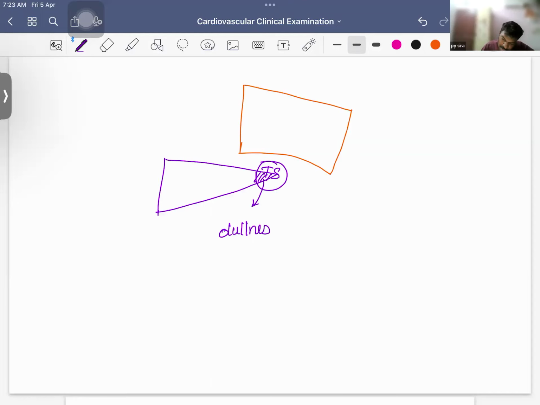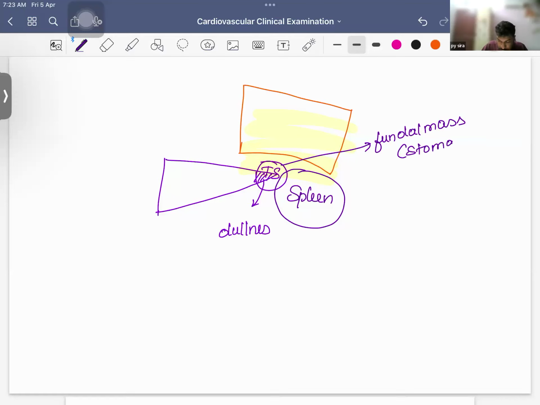Pleural effusion causes obliteration of the drop space, and so does splenic enlargement. These are the important causes. And one more is a fundal mass of the stomach. This is going to be very, very important.